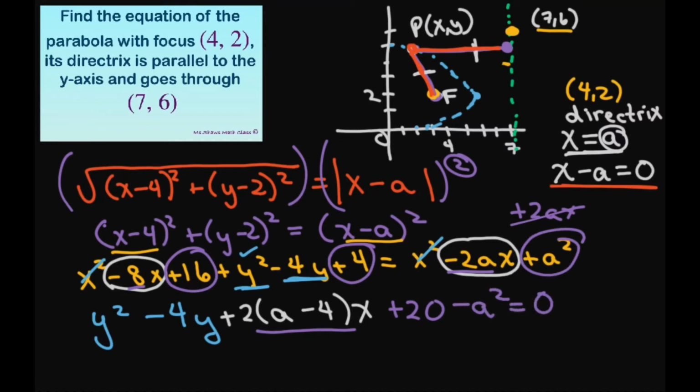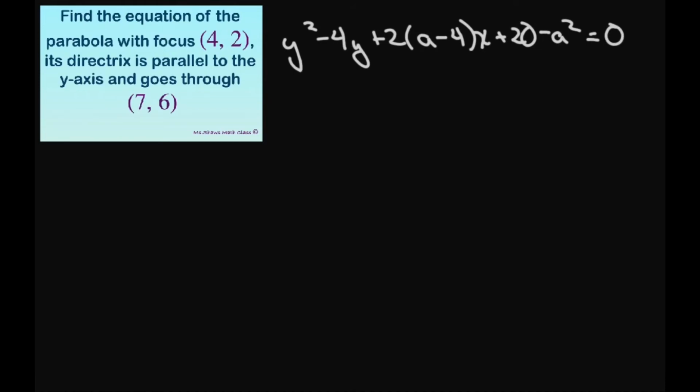All right, now that we have that, let's call this equation 1, and since it passes through this point (7, 6), we're going to substitute it into our equation and solve for a. So let's do that, and I'm going to rewrite it real quick. We have y squared minus 4y plus 2 times a minus 4x plus 20 minus a squared equals 0.